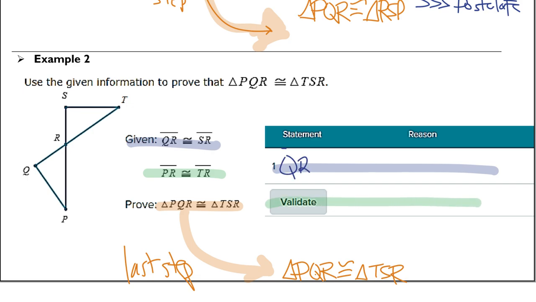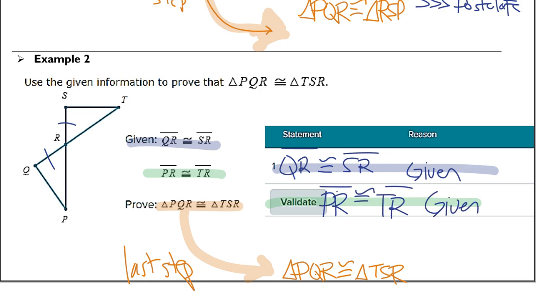So QR is the same as segment SR, and that was given to me. So QR is right here, SR is right there, and then we know that PR is the same as TR. Again, that was given to me, so let's put that in this picture.